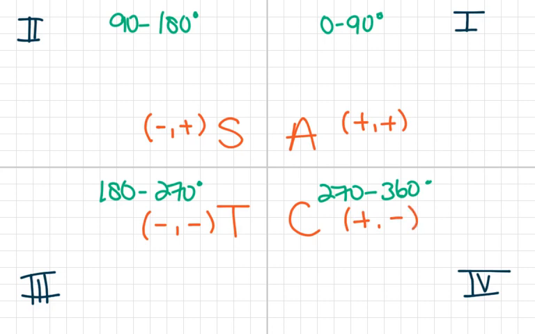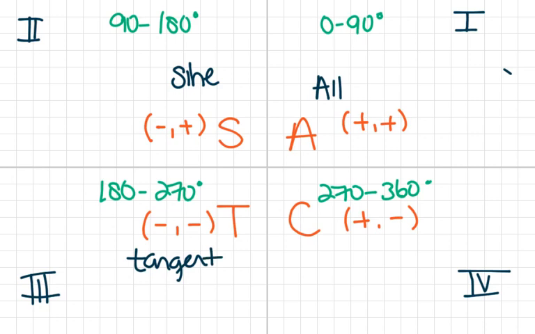Now, as you might have guessed, these letters represent something. So A stands for all, meaning all the trig ratios are positive. S in quadrant 2 stands for sine, meaning sine is positive in quadrant 2. T in quadrant 3 stands for tangent, meaning tangent is positive in quadrant 3.